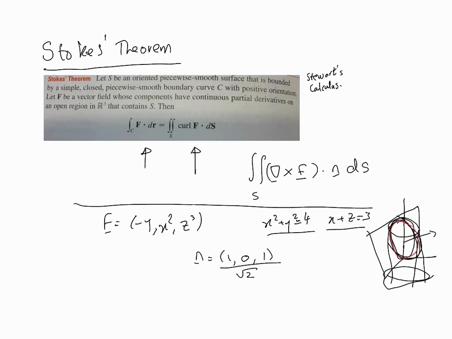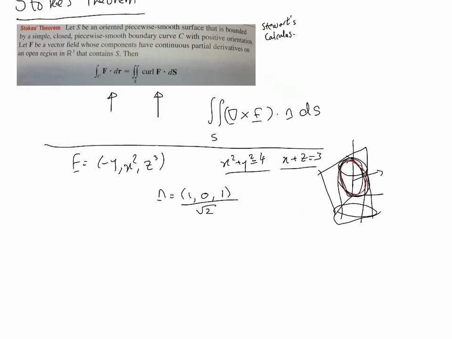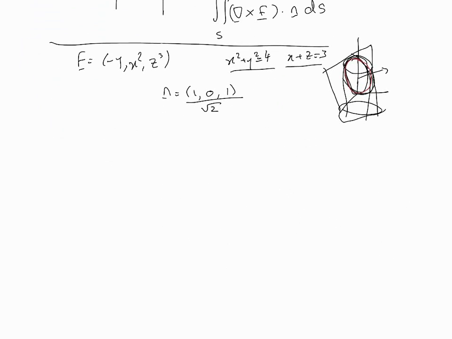So now what it boils down to is the following. In this example, we want to calculate the line integral, but we're going to use Stokes' theorem to do it. So we have the surface integral of the curl of F dot n dS.